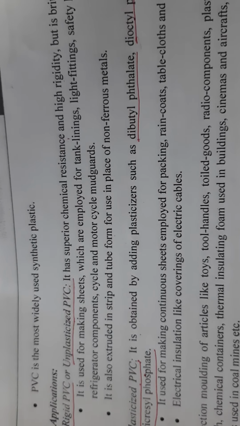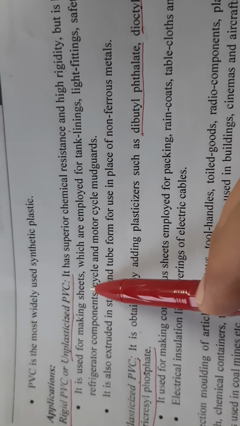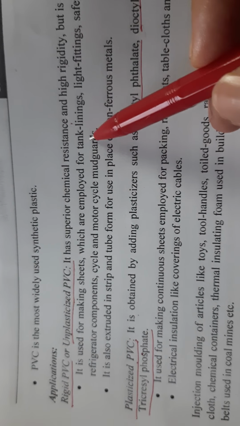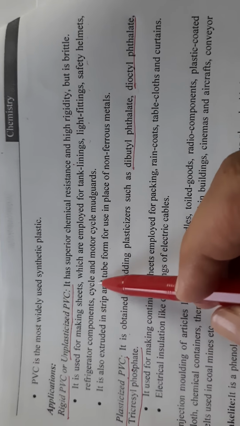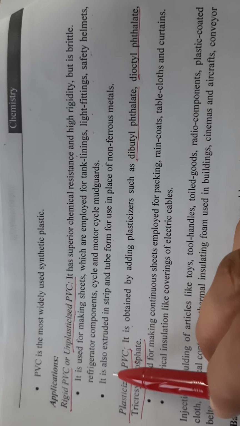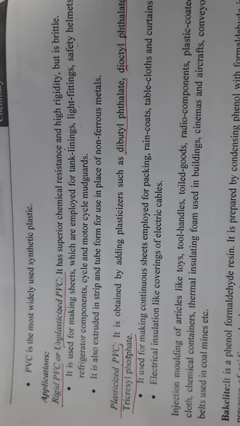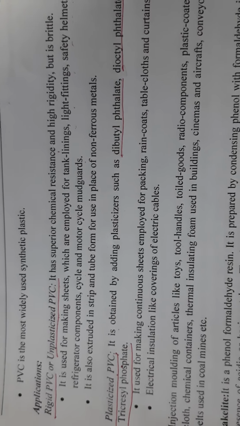The unplasticized PVC is used for making sheets and tank linings, light fittings, safety helmets, and refrigerator components, cycle and motorcycle mudguards. And unplasticized PVC is also useful in place of non-ferrous metals.